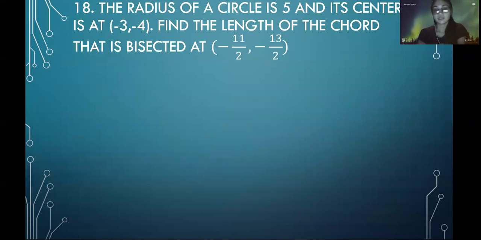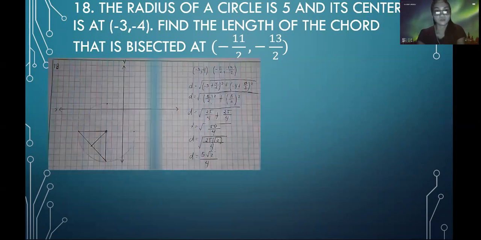So the radius of a circle is 5 and its center is at negative 3, negative 4. So find the length of the chord that is bisected at negative 11 over 2 and negative 13 over 2. So we're going first to find the distance of point negative 3 and negative 4 and negative 11 over 2 and negative 13 over 2.